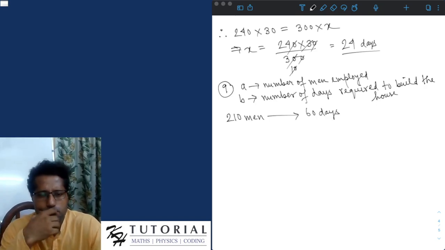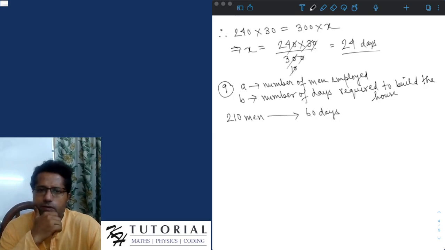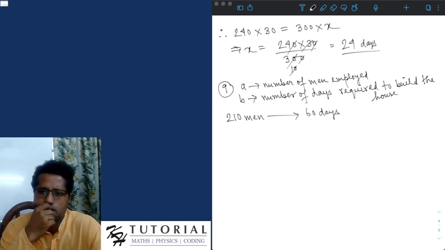Now, after 12 days, he was joined by 70 more men. In how many days will the remaining work be finished?